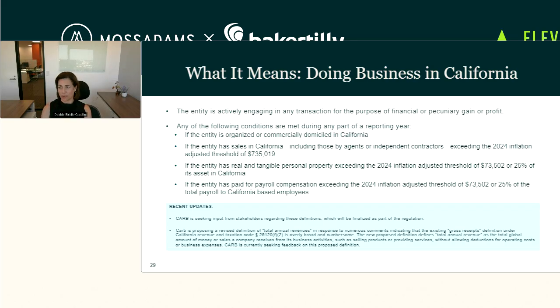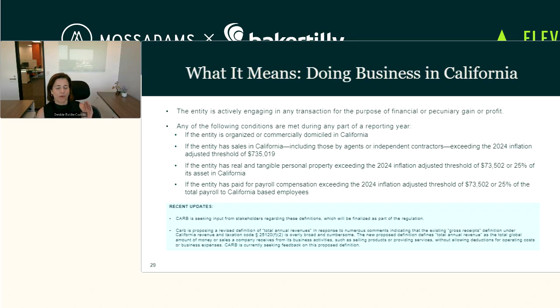That's a really, really broad concept, right? But then they're saying not only that, but any of the following conditions are met. Your entity is organized or domiciled in California, or their sales in California are above this inflationary adjusted threshold, which is 735,000, which might be something that people look at. So maybe that scopes us out.